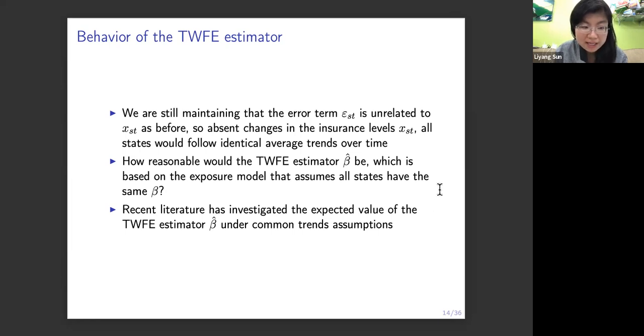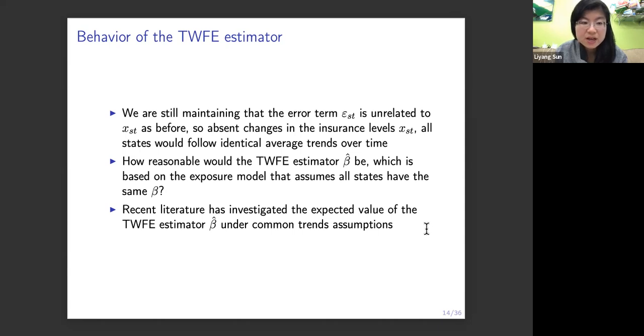A single estimator by construction cannot be centered around each of the 50 different true coefficients in a heterogeneous model, but maybe the single estimator is still centered around the average of the true coefficients. If that's the case, then the two fixed effects estimator beta hat might still be a convenient way to estimate the effect of insurance on expenditure in a typical state.